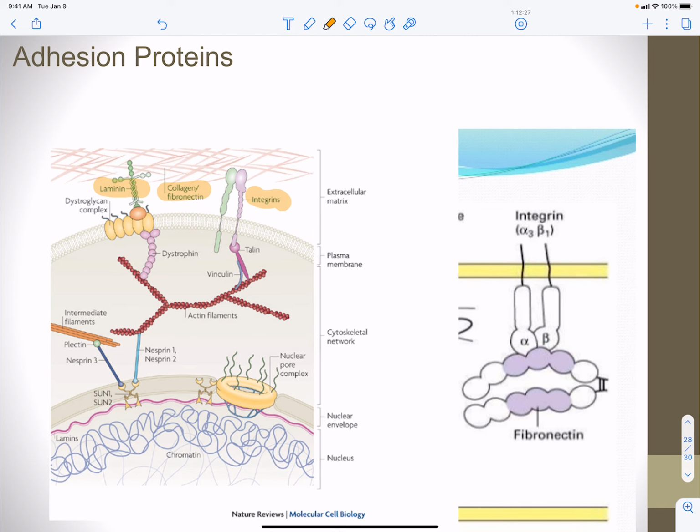So this is providing a bridge between the cytoskeleton of the cell via actin, as well as the position of the cell within the extracellular matrix. So all of these are going to be linked downstream to dystrophin. We have talin here, vinculin, and these are all tethering to the actin filaments.